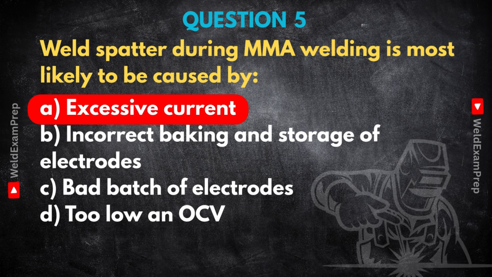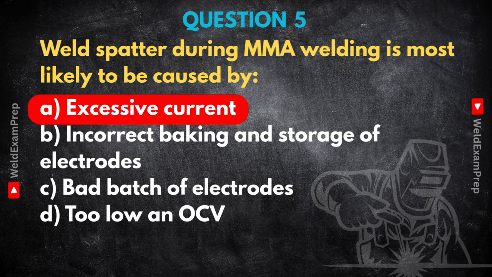So the other options. Incorrect baking, bad electrodes, low voltage. They can cause problems, but they aren't the usual suspect for excessive spatter itself. Generally, no. Incorrect baking or storage, that primarily leads to hydrogen problems, porosity, maybe cracking, not directly spatter.